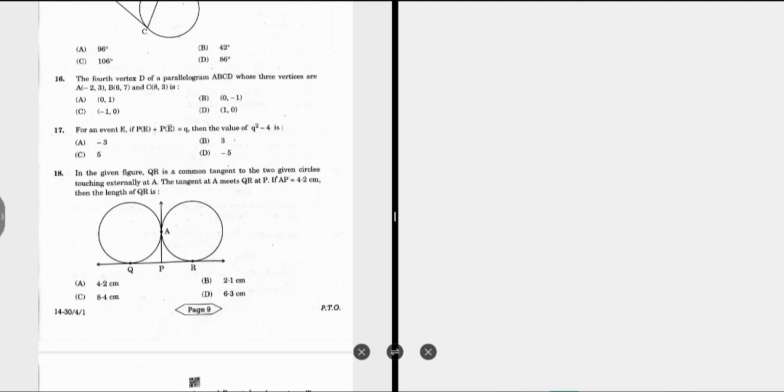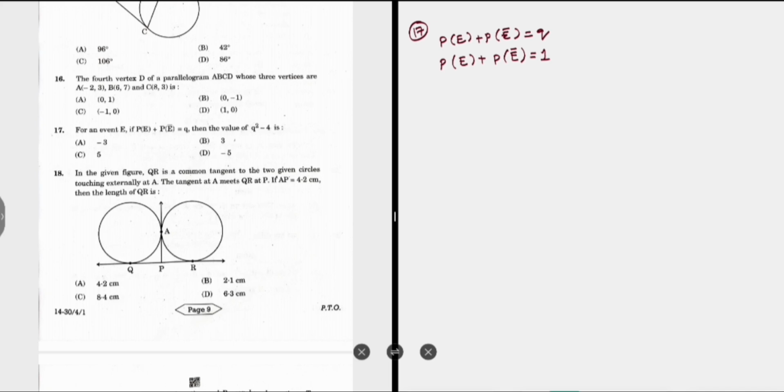Question number 17. In question number 17, it is given that P of E plus P of E bar is equal to Q. We know the sum of probabilities of complementary events is 1. So we know P of E plus P of E bar is 1.